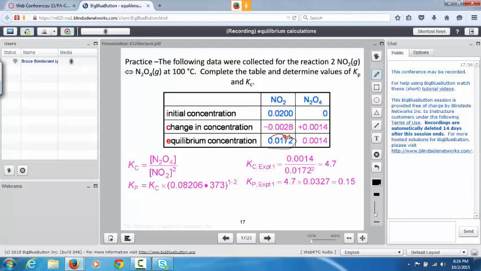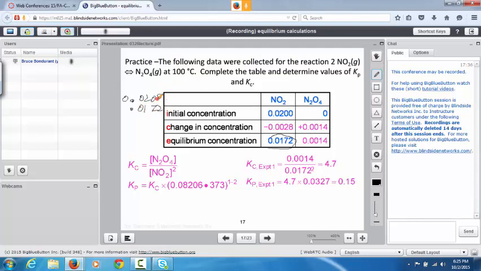Well, for every two of these consumed, one of these is made, so we take the change, 0.0200 minus 0.0172.